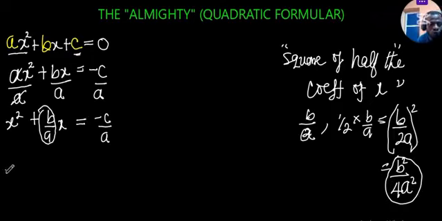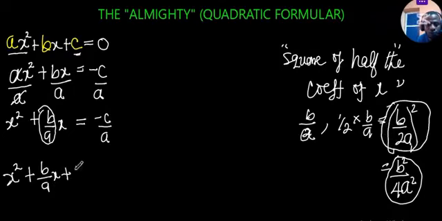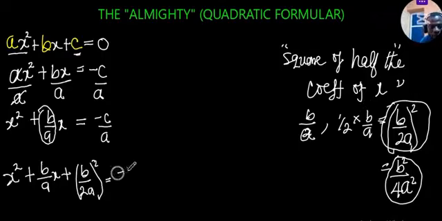In that case, we have x squared plus b over a x, plus, it's better we add this particular form to this other side, so b over 2a all squared, equals minus c over a plus, we now use this side, b squared over 4a squared.